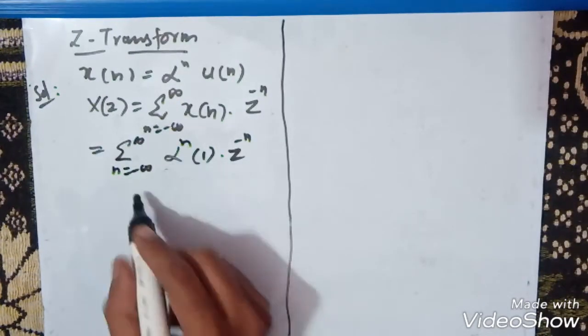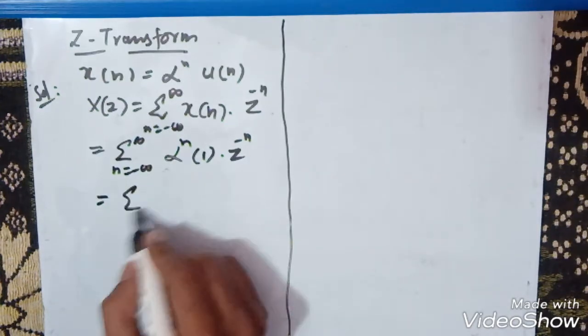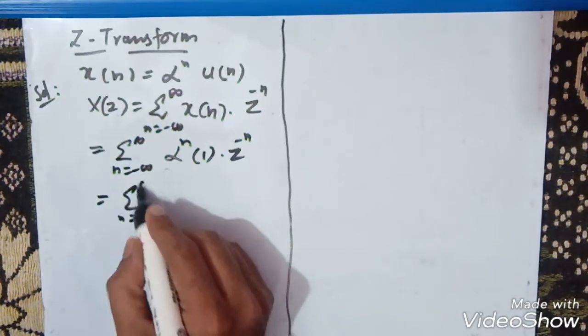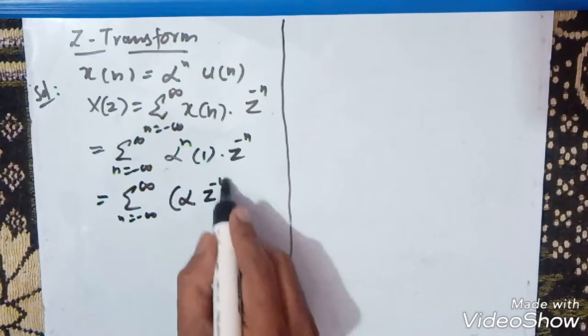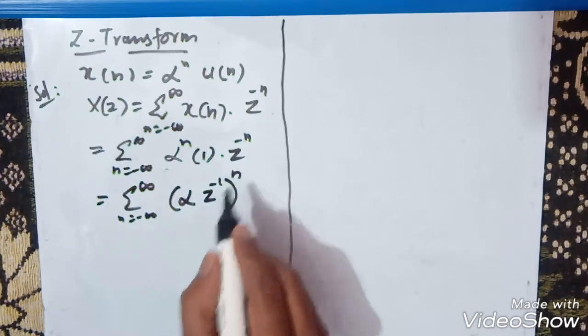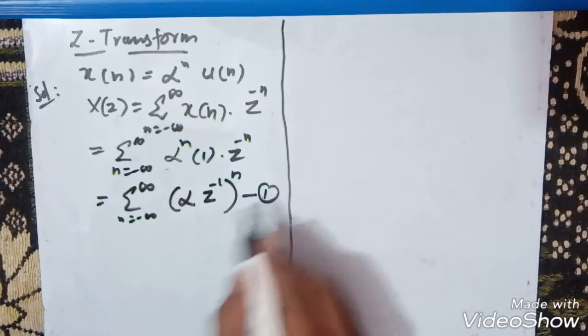Now you can take the n power common here, so it will become the summation of n equal to minus infinity to plus infinity of alpha z inverse, all raised to n, where n is the total power which is common. Suppose this is the first equation.